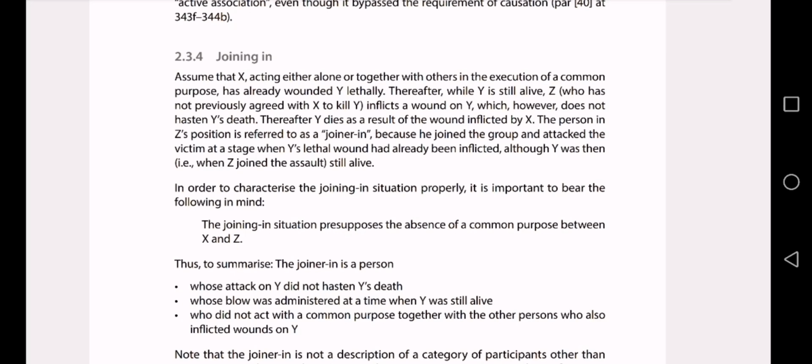In order to characterize the join-in situation properly, it is important to bear the following in mind.